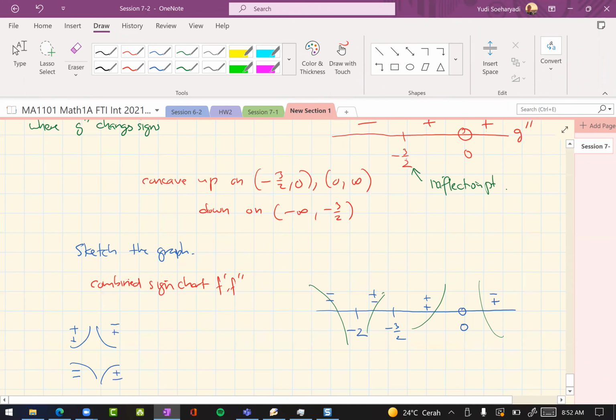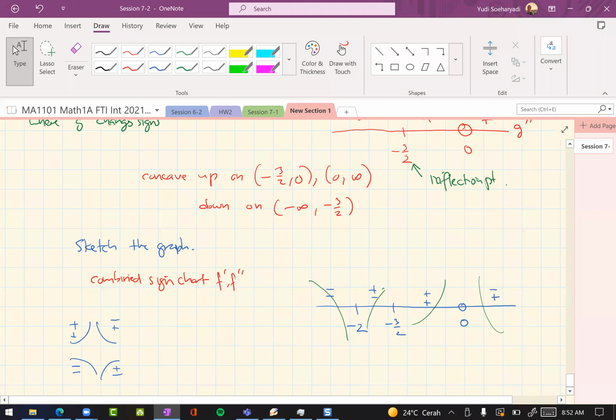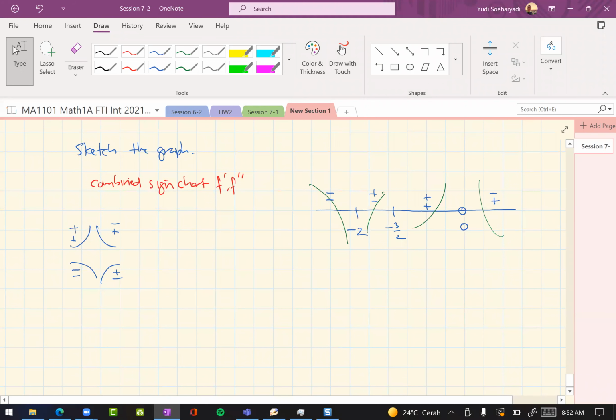Either we made a mistake here. To the left of -2. Sorry, we'll do this later, but let me just finish this one. Just based on this, what we know is that the picture should look like this one.